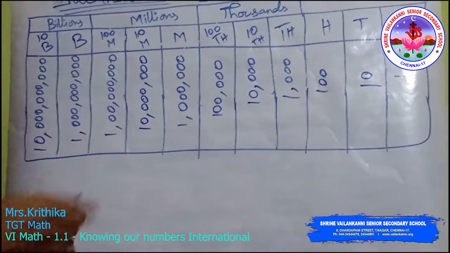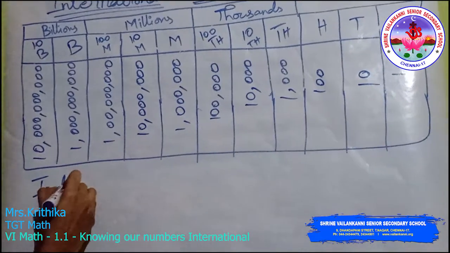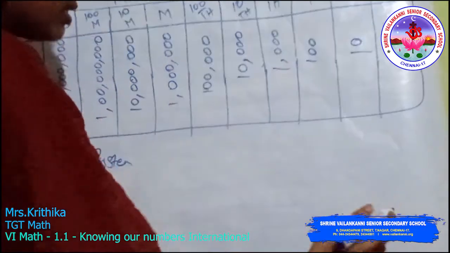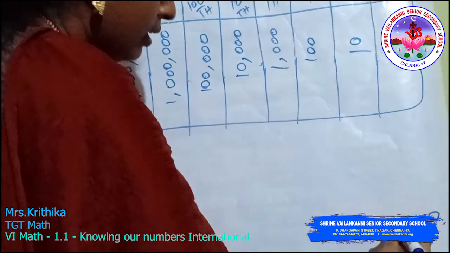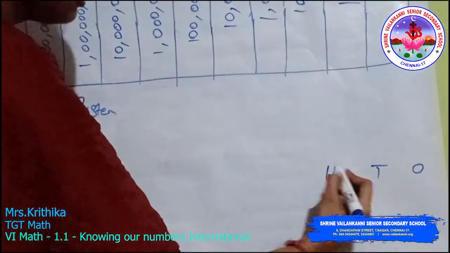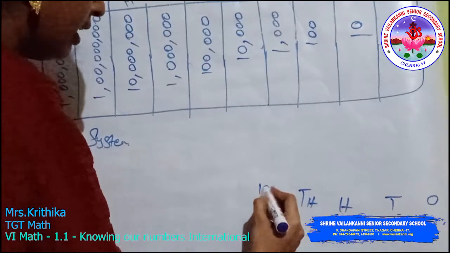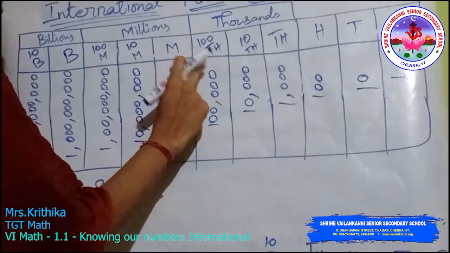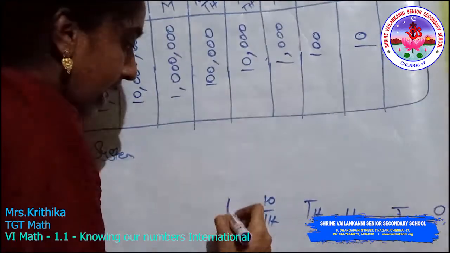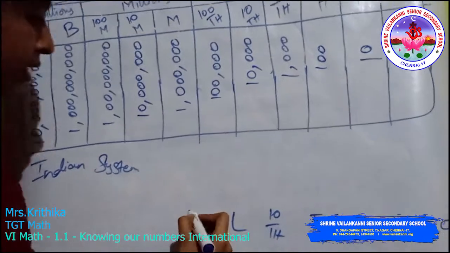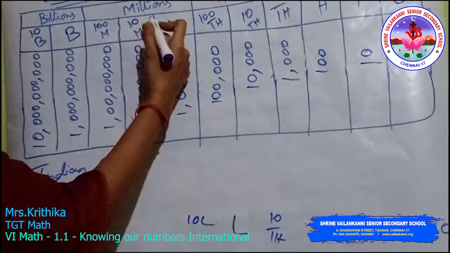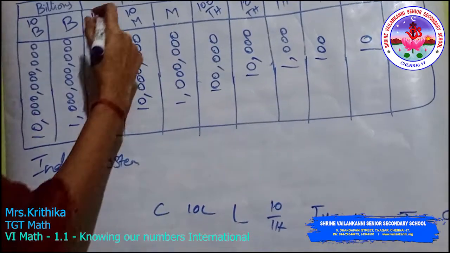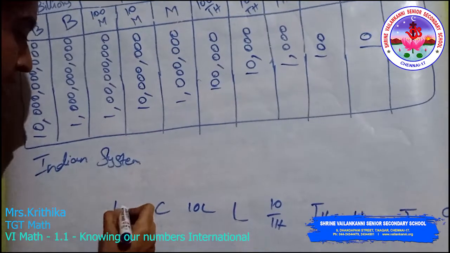In the Indian system: ones, tens, hundreds, thousands, 10,000s. Here the international system has 100,000, here lakhs, million, 10 lakhs, 10 million, crore, 100 million, 10 crore.